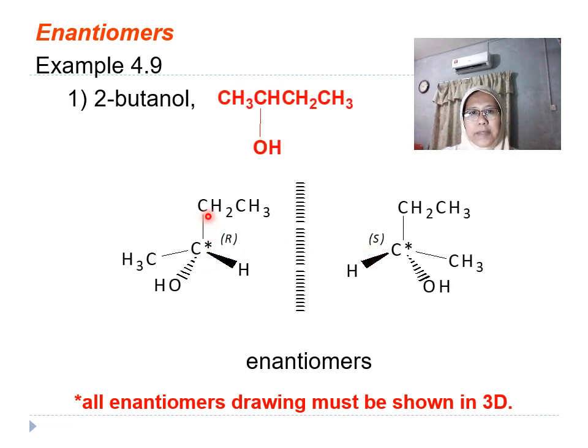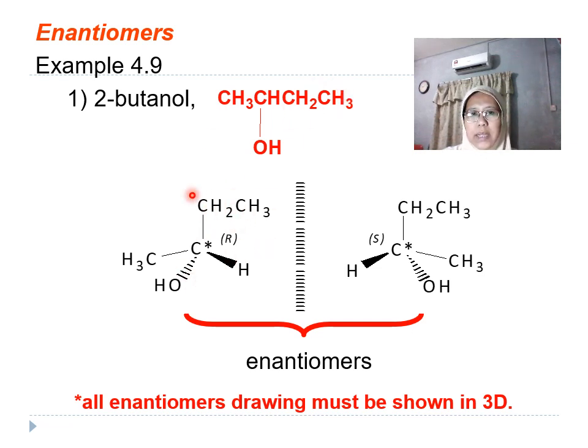You can see here, this is the condensed structure, and then the chiral carbon is here, and attached to the chiral carbon is the hydrogen, this one, and then the hydroxyl group, this one, the methyl group is this one, and the ethyl group is this one.